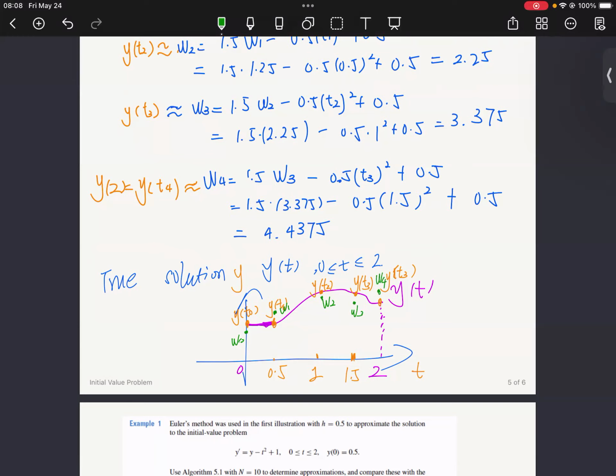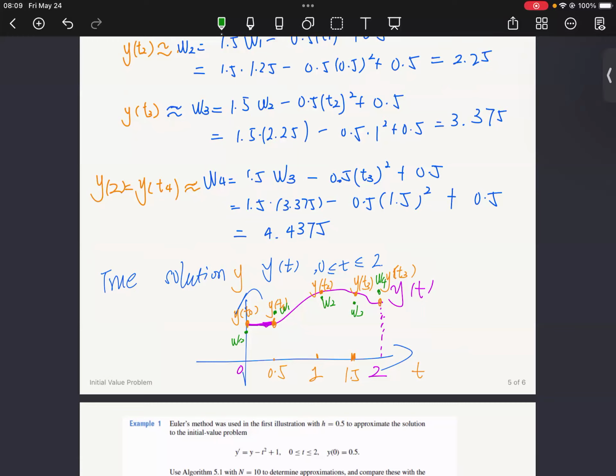If you take a look at the points here, the orange points are on the curve, but the green points are the approximations to the orange points at those nodal points. And this is the solution to this initial value problem, not just the last one. The last one is not the solution to the equation.